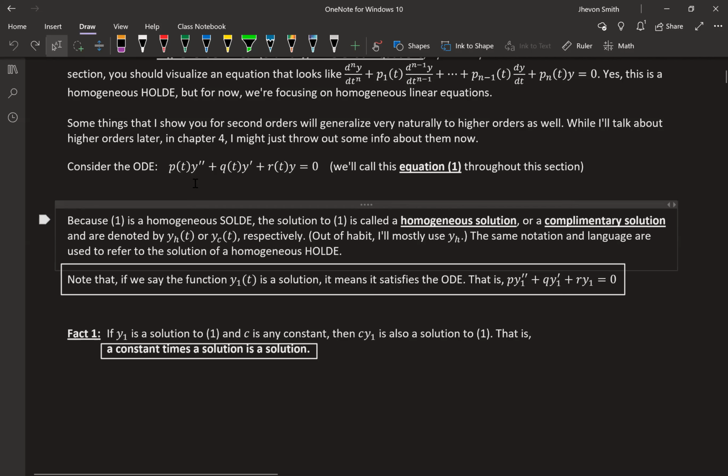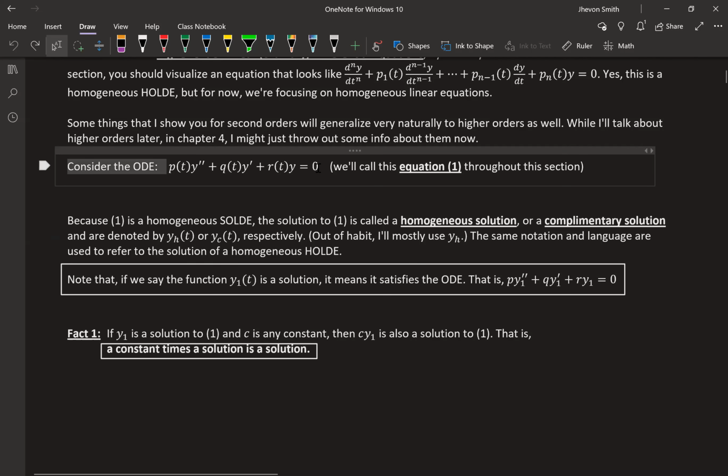So here's a differential equation that I care about, second order linear differential equation. To say that a function is a solution of that means that if I plug that function into this equation, the equation will hold.